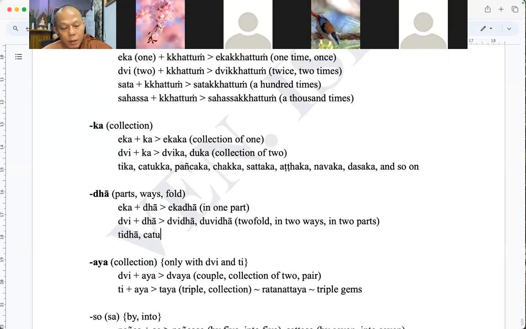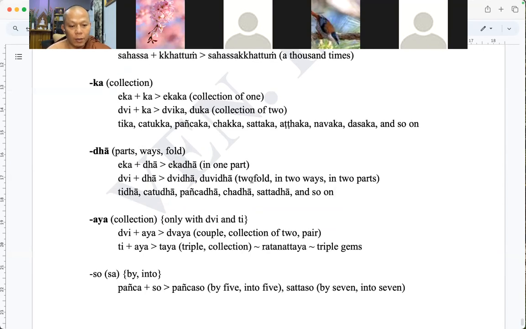Di da and jetu da. So banja da and the cha da. So sata da and so on. Okay. But aya is only with the dwi and the di, not with any other number.